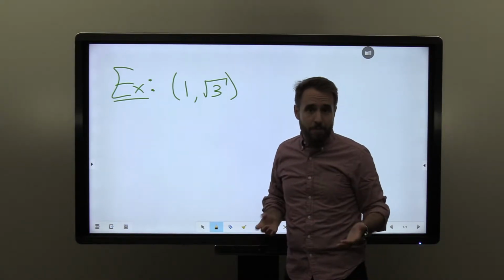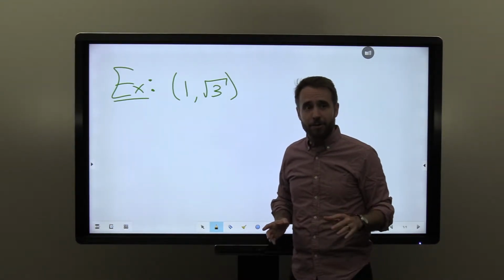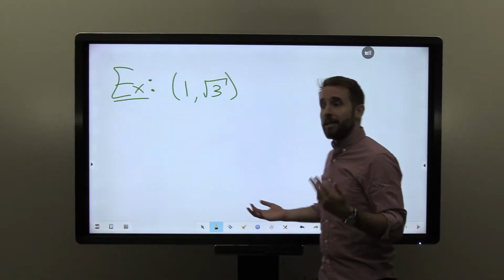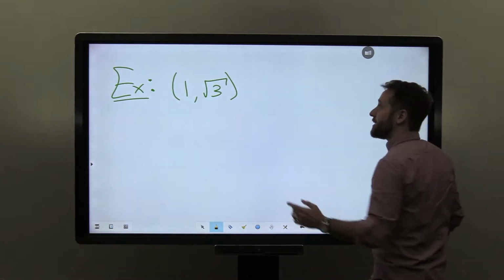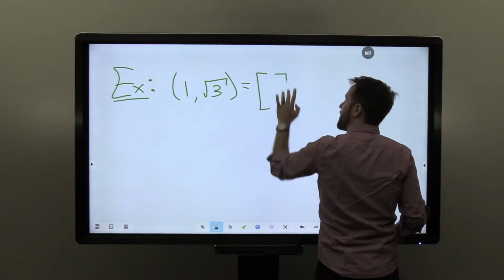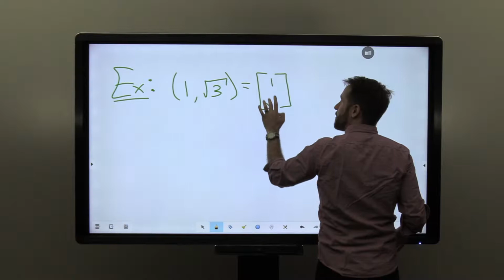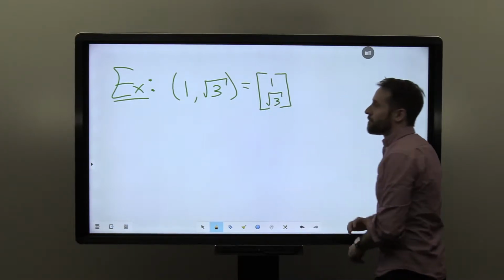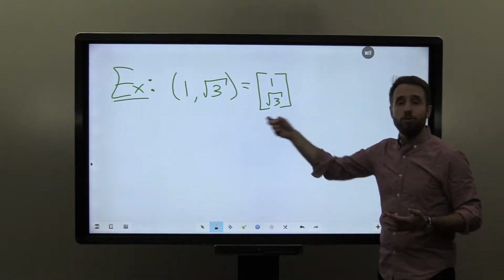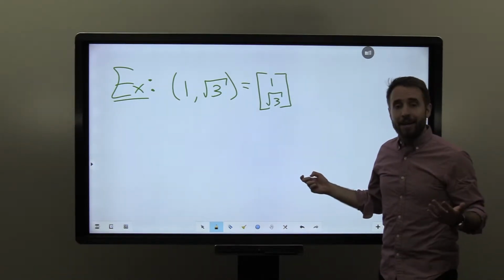There are, right off the bat, a number of different ways we can write vectors, and different authors or different classes might write them in different ways. So an equivalent way to write this would be to stack these entries using square brackets like this, 1 over root 3. For the purposes of our class, we're going to use these two notations semi-interchangeably.